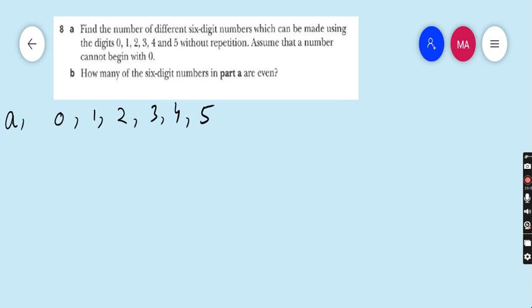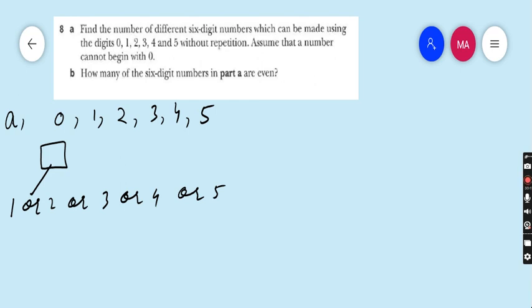For the first place, we can put 1 or 2 or 3 or 4 or 5, and in the remaining places we can put 0, but the first place cannot be 0.